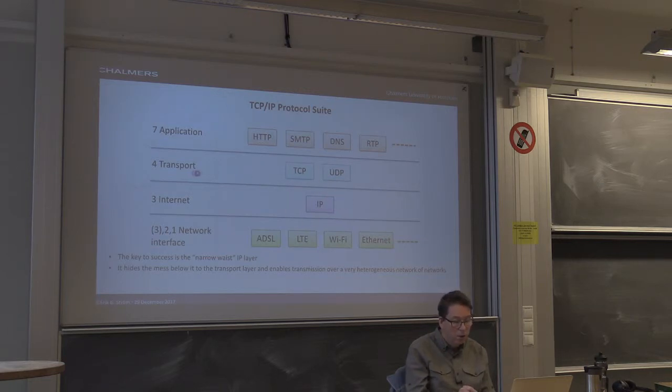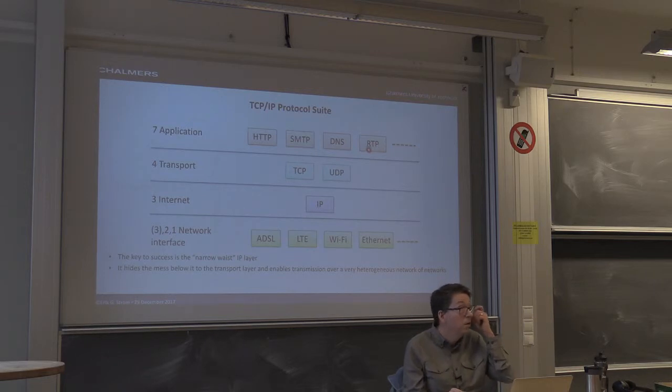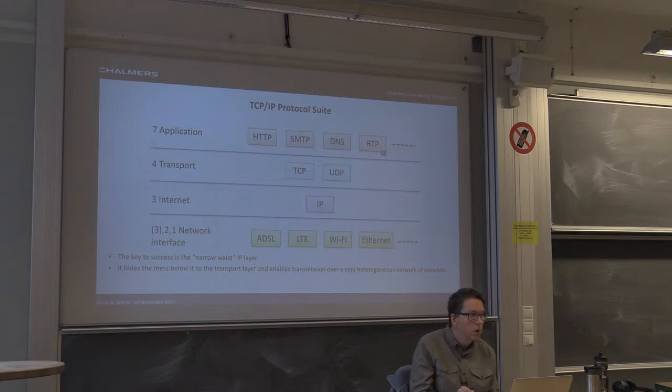And then on the transport layer, we essentially have 2 protocols, TCP and UDP, both of which use IP. On top of that, we have the application layer, and here we have many protocols: HTTP, SMTP, which is the mail transport protocol, DNS that we talked about earlier, RTP, real-time protocol, you name it, FTP, many things here, right?